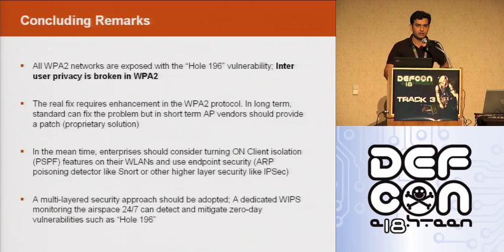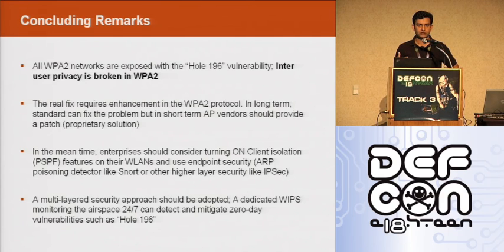So the final conclusion is that all WPA2 networks are exposed to Hole 196, and the inter-user privacy that was guaranteed is now broken in WPA2. The real fix is to fix this problem in the protocol. In the meantime, enterprises can think of using a PSPF kind of feature, and for endpoint security, you can use SNORT or IPsec.